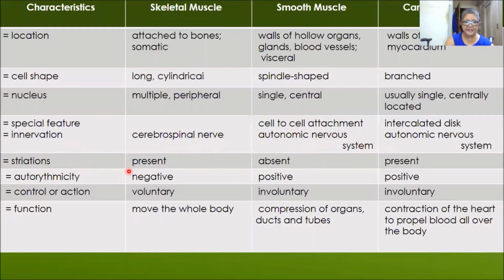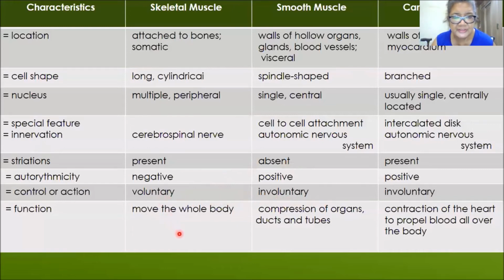As for striation, both your skeletal muscle and your cardiac muscle have striation, but the smooth muscle doesn't. As to control, both your smooth muscle and cardiac muscle are involuntary, while your skeletal muscle is voluntary.